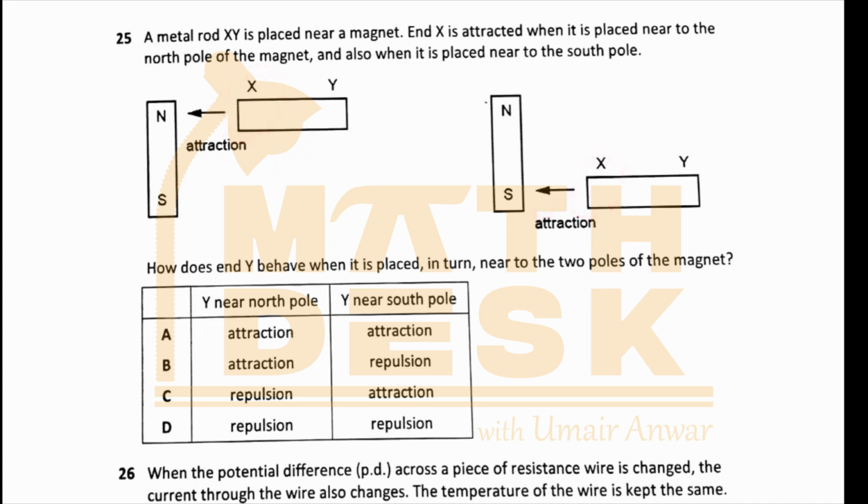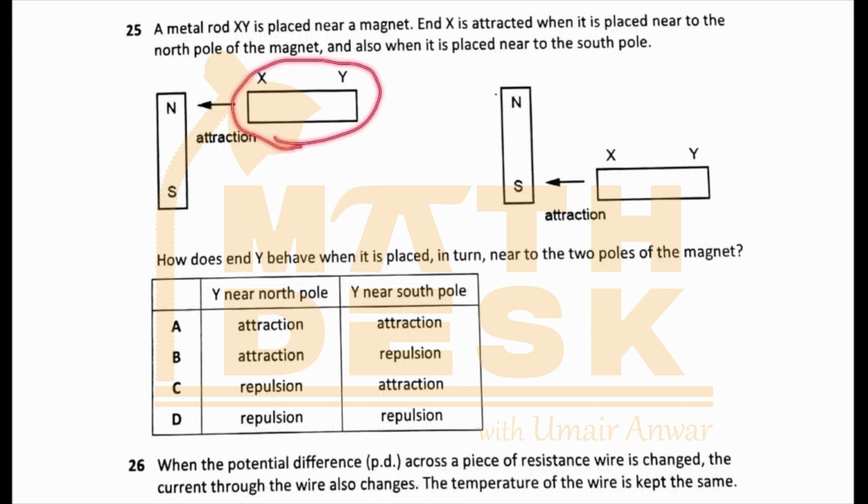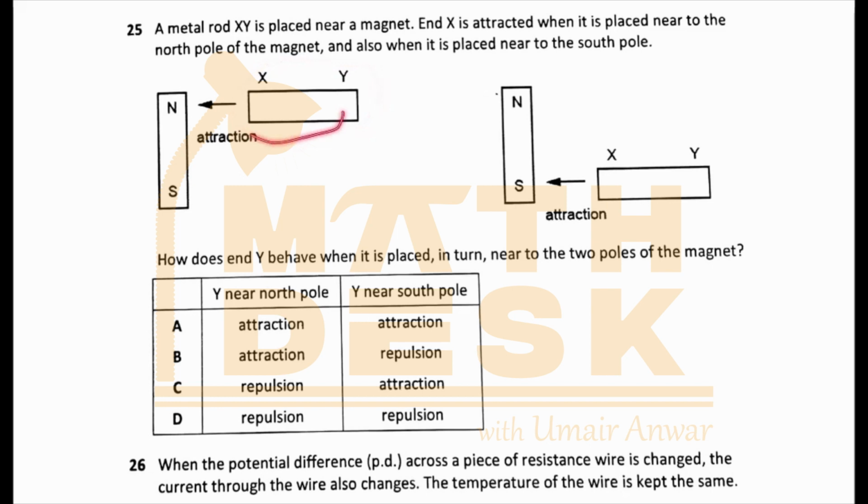How does end Y behave when it is placed in turn near to the two poles of the magnet? The rod is a magnetic material, and when we place Y near any end of the magnet, again the attraction would be experienced. So it would be showing the attraction when placed near the north pole or south pole.